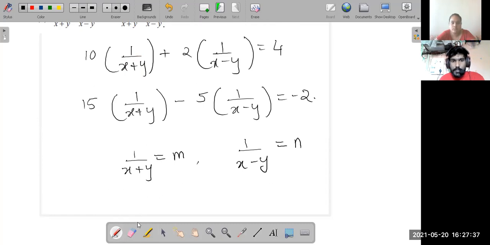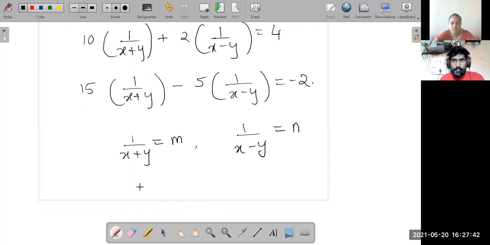Now after doing the substitution, can you tell me what the new equation will be? It'll become 10m plus 2n equals 4.